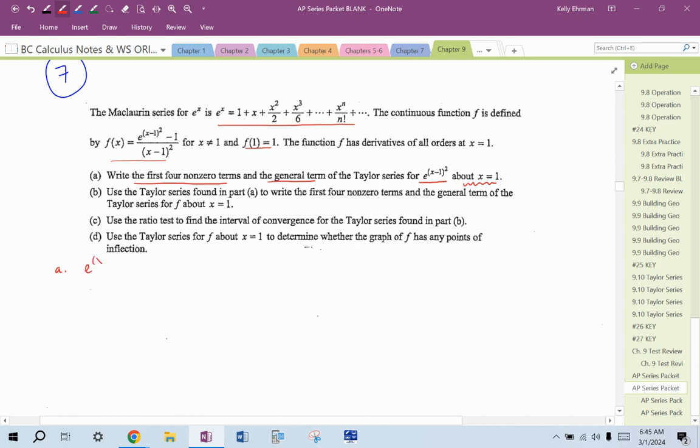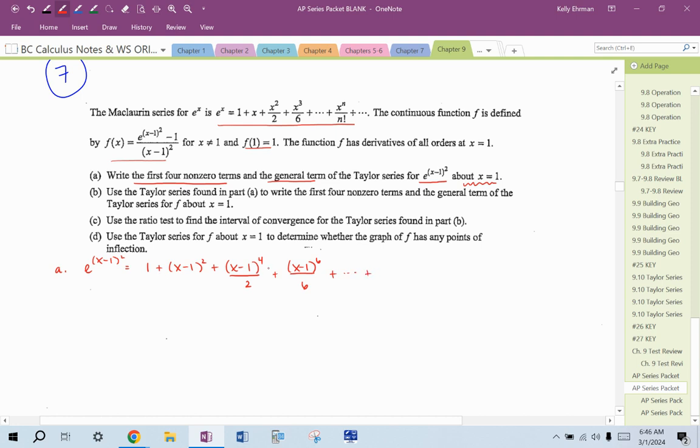So e to the (x minus 1) squared just means I can take my original e to the x and I can build upon it by plugging in (x minus 1) squared. So 1 plus (x minus 1) squared plus, when you square (x minus 1) squared, you're going to get (x minus 1) to the 4th over 2 plus (x minus 1) to the 6th, because it was squared to the 3rd, over 6 plus dot dot dot plus.